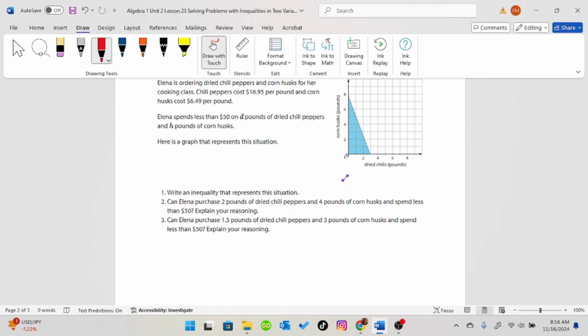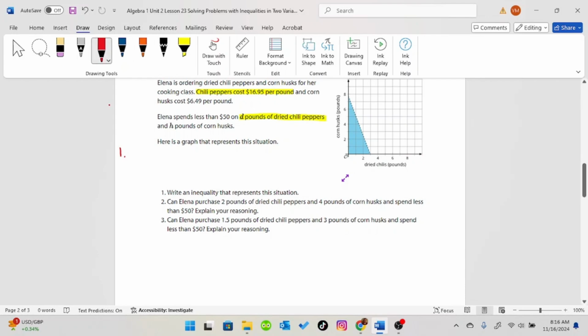So as we try to put together this inequality, first let's notice that chili peppers cost $16.95 per pound, and that the letter D is going to represent pounds of dried chili peppers.